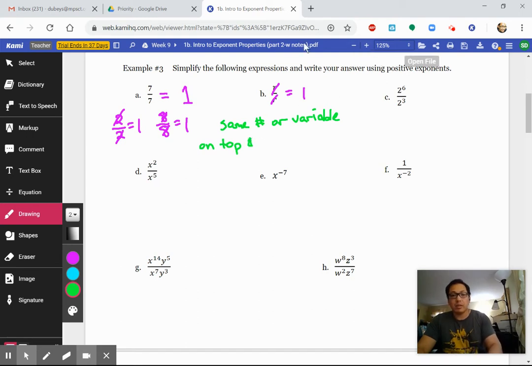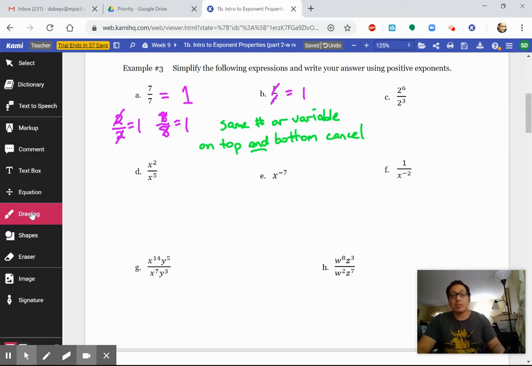Maybe I should write it out. Top and bottom. What happens when we have the same number on the top and the bottom? They cancel out. They cancel each other.